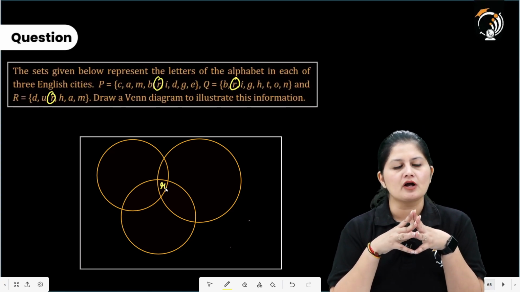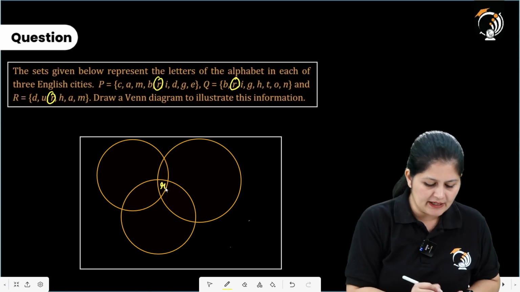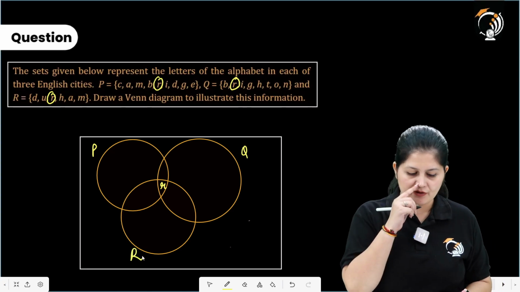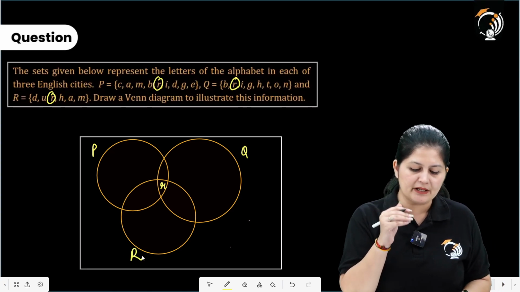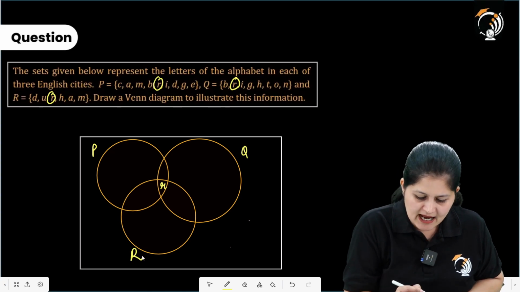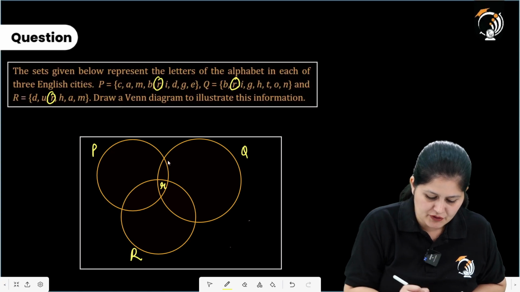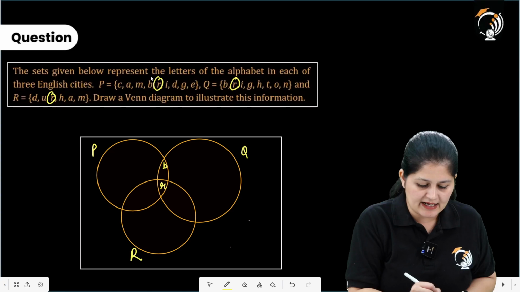Now let's talk about the elements which are common in P and Q. Let's take this as P, this as Q and this as R. If we have a look at P and Q here, C isn't here, A isn't here, M is not common, B is common. So we are going to have B here, as it is common.